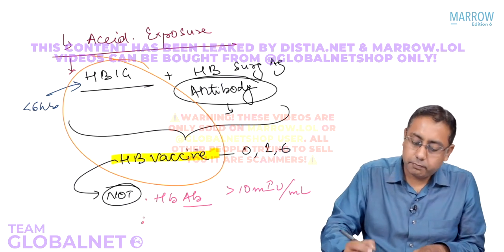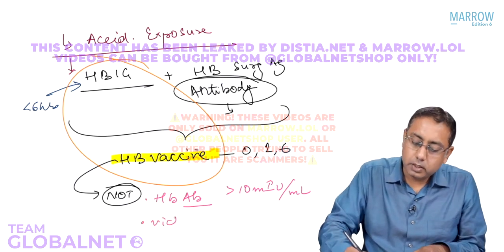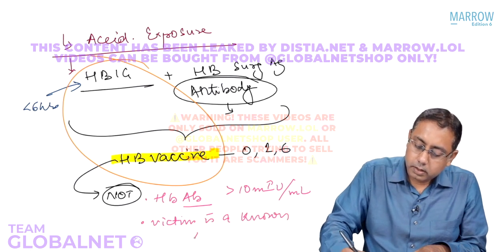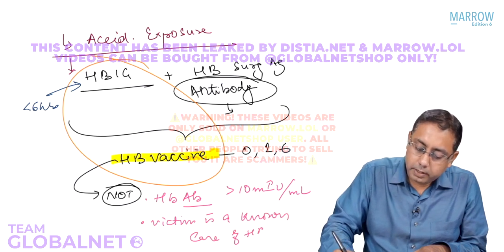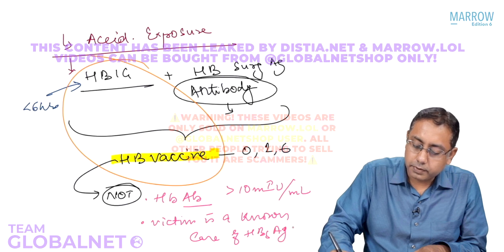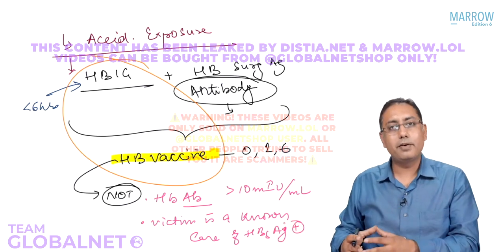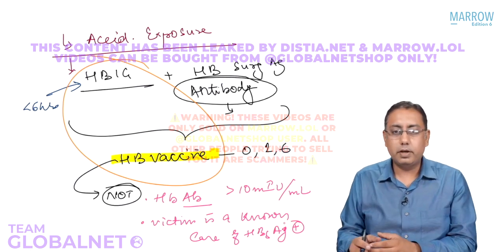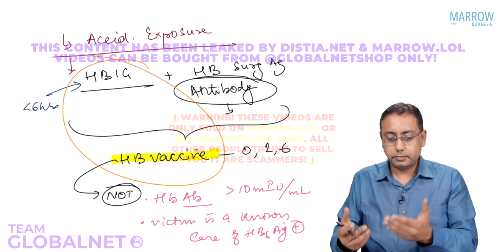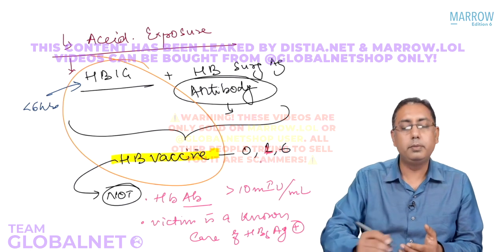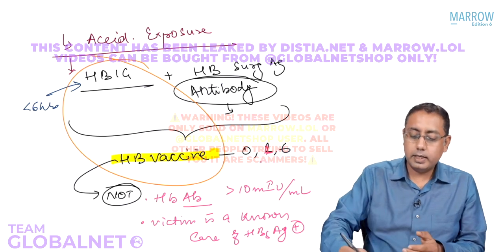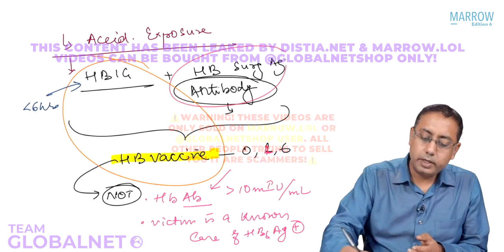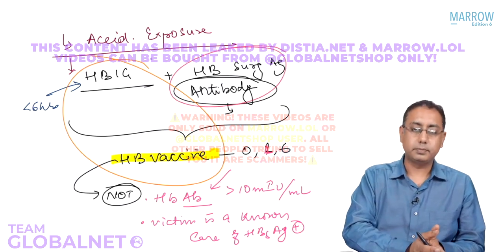Or if the victim is a known case of hepatitis B surface antigen positivity, in those cases you don't need to give a hepatitis B virus vaccine. Invariably it's not going to have the immunity protection, and in case the person already has the antibody level of more than 10. That's the reason we do the antibody testing at the first level.